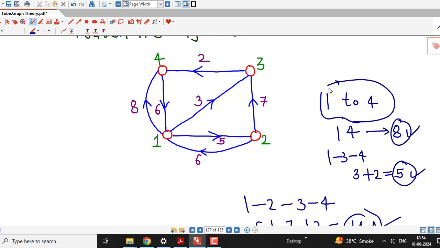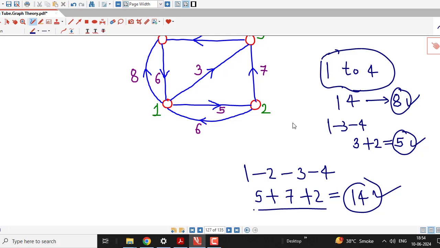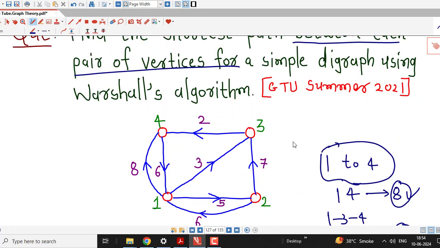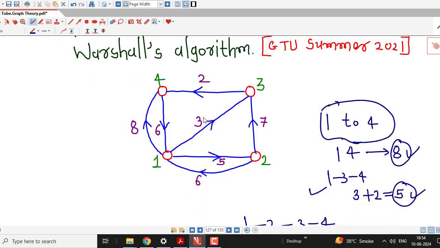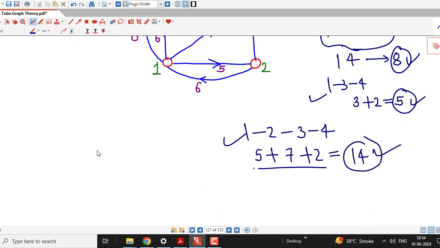Now it is not comfortable to find the shortest path between each pair of vertices by trial and error in this way. So for that, Warshall has given an algorithm. Using that algorithm we can obtain the matrix which will give us the length of the shortest path between vertices.